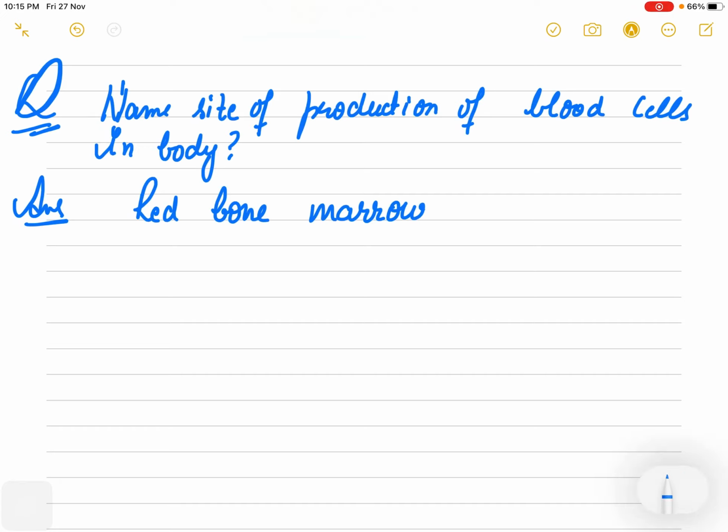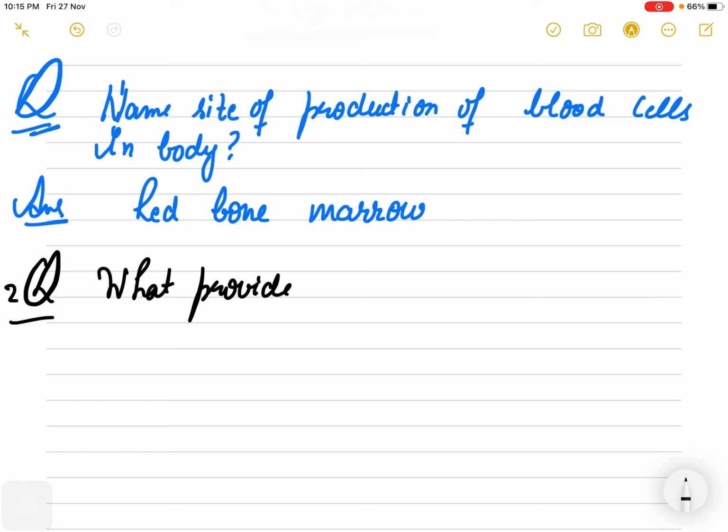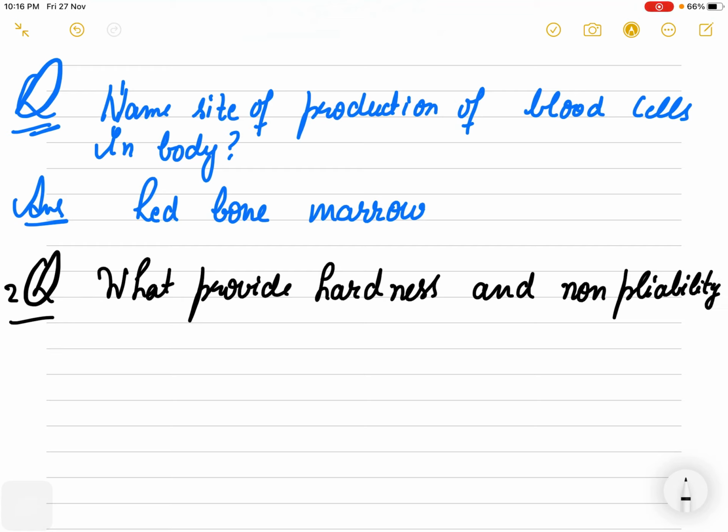Then another question sometimes asked in the examination is, what provides hardness? Yesterday we talked about the bone, and we talked about this point also. What provides hardness and non pliability? You know that pliability means soft, elastic, which can be easily bent.